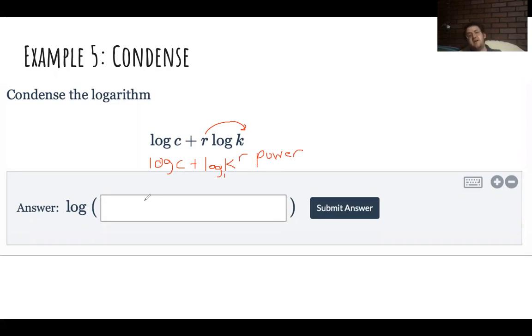And I'm going to say that this is all positive. So we're doing the product rule. So it's going to be log of c k to the r. And then we are all done after that.